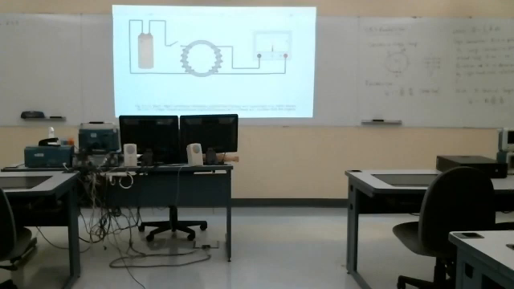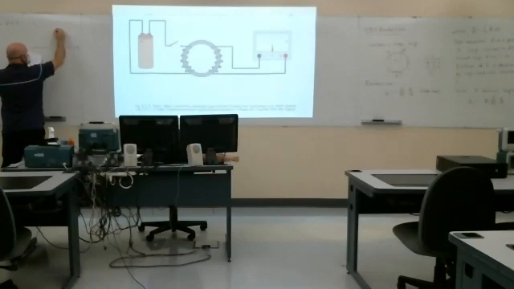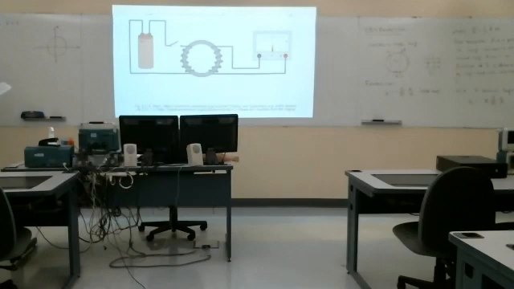This problem talks about a general case where we've got a time varying B field and a time varying loop size. So the loop is in the XY plane. It's got a gap in it, so Z is coming out of the board.